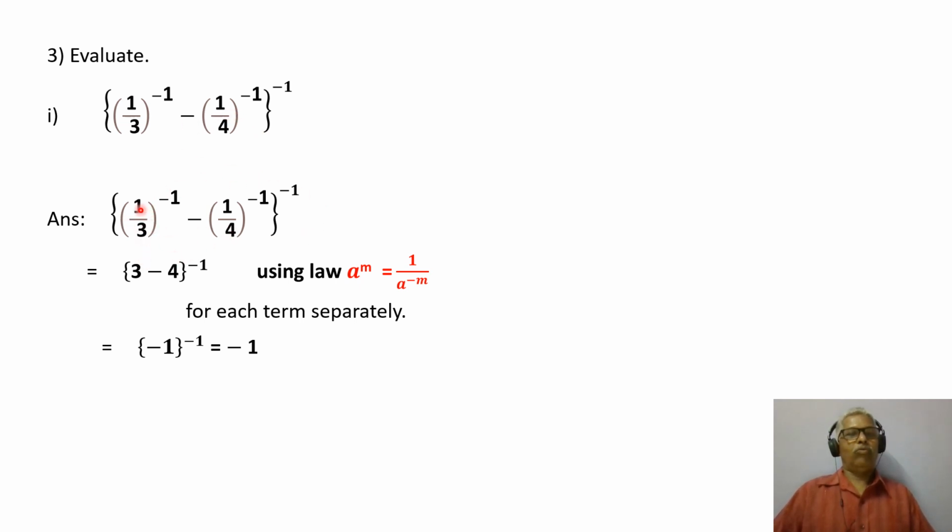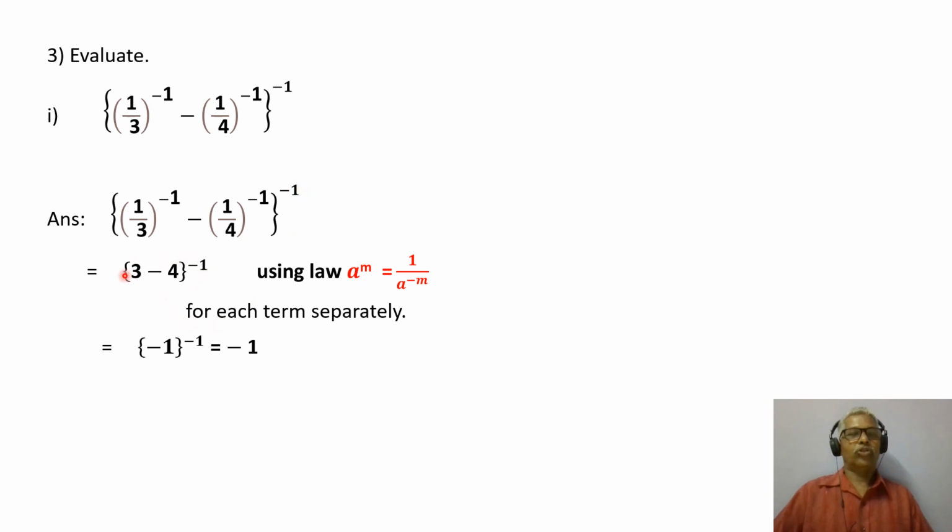Now 1 upon 3, if you use this law, a raised to m equal to 1 upon a raised to minus m, you know this, that the sign of the exponent changes when it goes in the denominator. So here also I have left one step in between for you to think and write it. Okay, so 1 upon 3 is equal to 3 if you use this, and 1 upon 4 will be 4, then the minus sign remains as it is, and this bracket raised to minus 1 is still there.